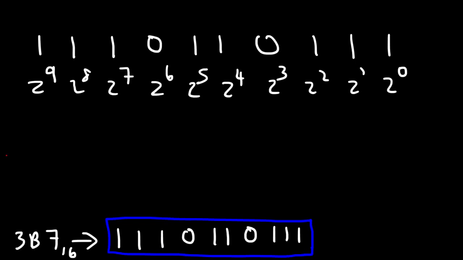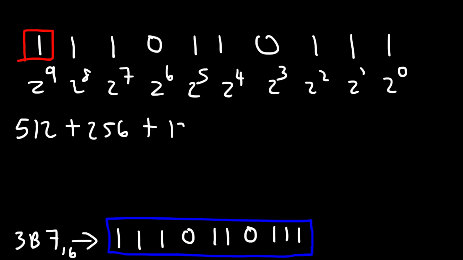So since we have a 1 on top of 2 to the 9, which is 512. And then we have 1 times 2 to the 8, 2 to the 8 is 256, 2 to the 7 is 128.